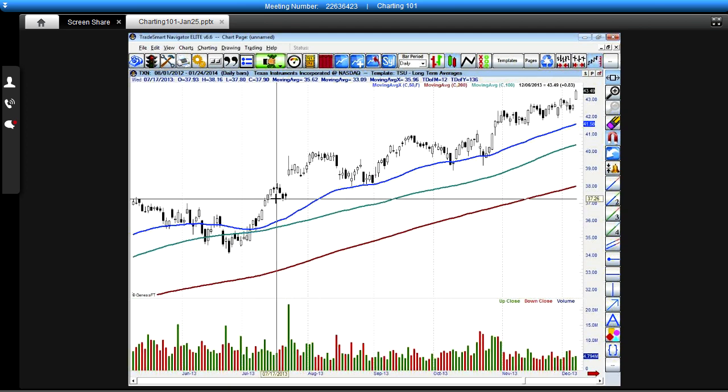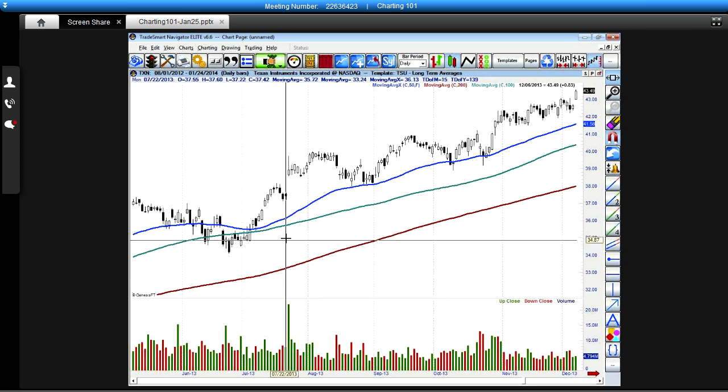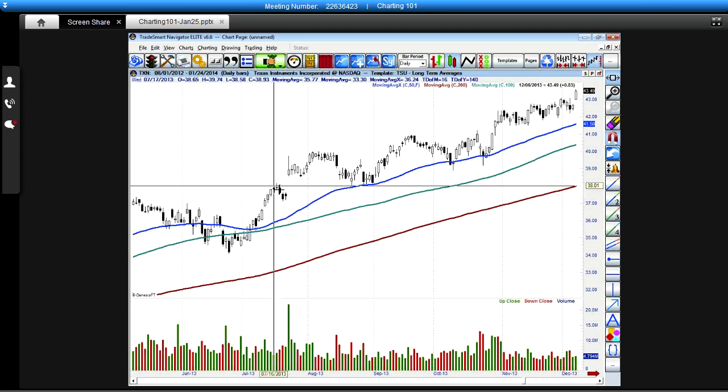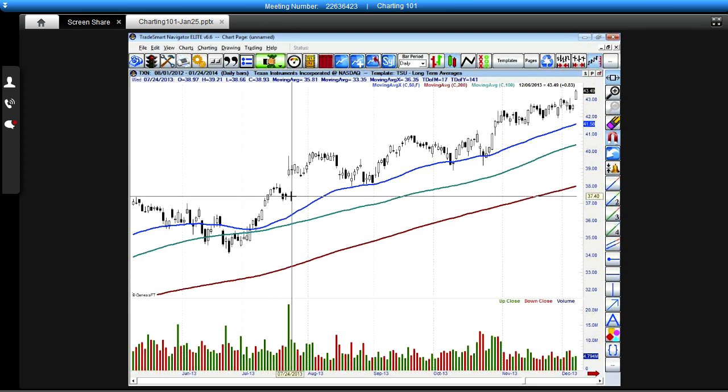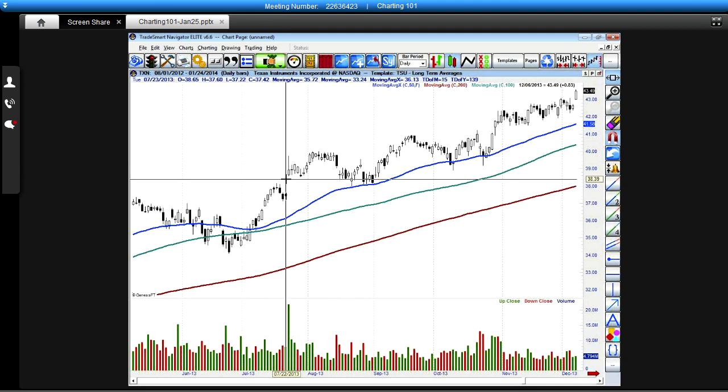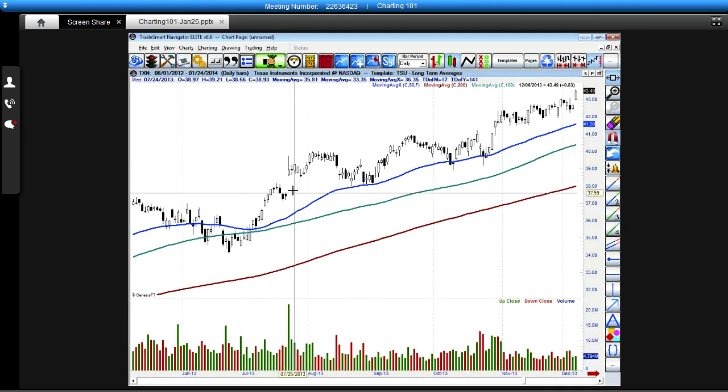So you can see here with Texas Instruments back in July of 2013, we had a significant gap. It came down, price closed right around 37.40. And then the next day, it shot up. It opened up at 38.60. So there's this area on the chart where no trades took place during regular market hours.